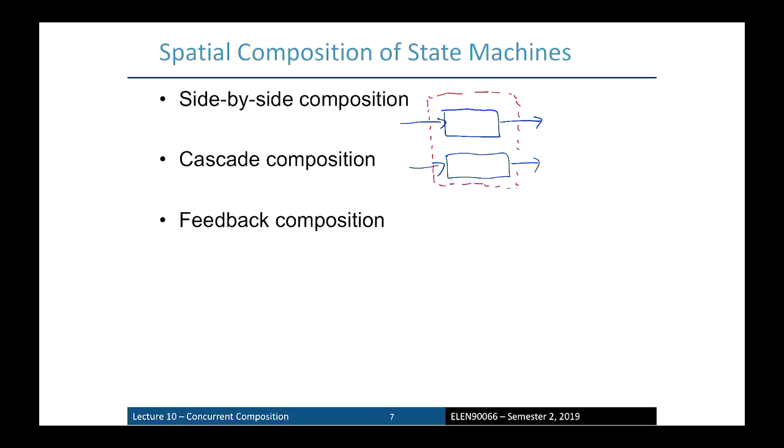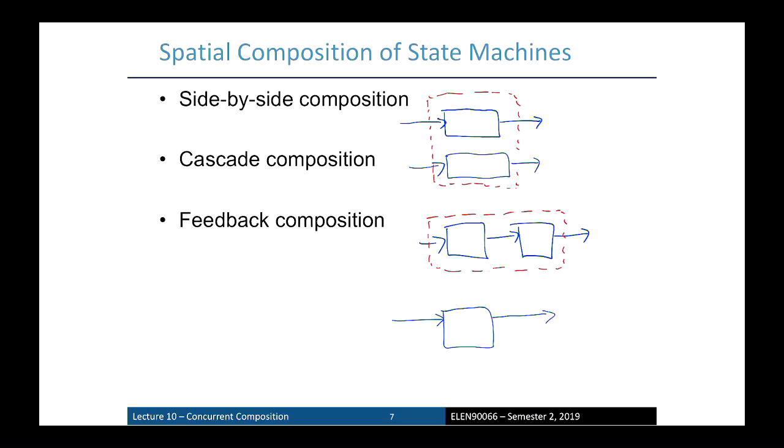Cascade, well, that's fairly obvious. I'm going to have to draw a cascade under here. So if we have one FSM and we have the outputs of one FSM going to the inputs of another, we can do a spatial composition around these. And this becomes a new big FSM in red. And lastly, feedback composition, for those of you who may have done control, is where we have an FSM that has inputs and outputs, and then perhaps those outputs might be also fed back in as inputs, again, to the system.